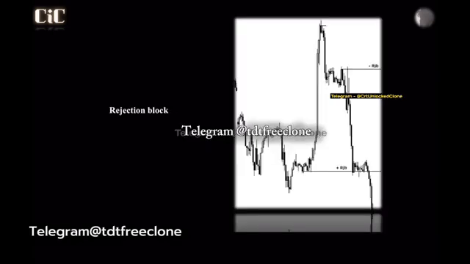Rejection block. It's a nice one. It's the closing price of the candles, the closing price of the order blocks when they leave either a stubby or a long wick. This will be discussed in detail in the lesson Price Action Details later.